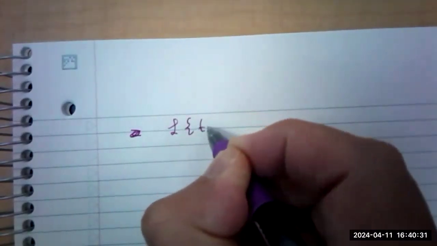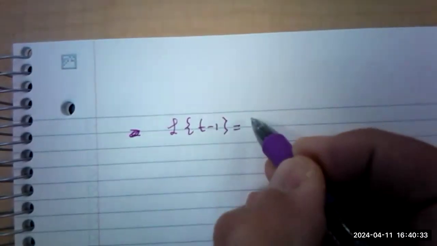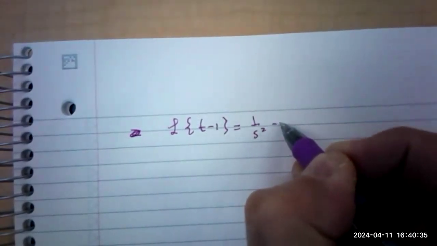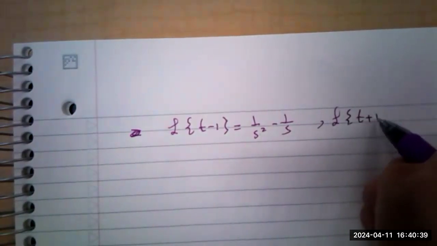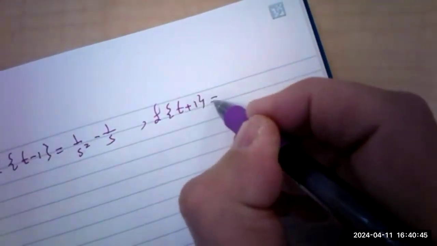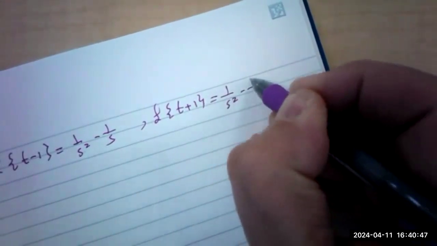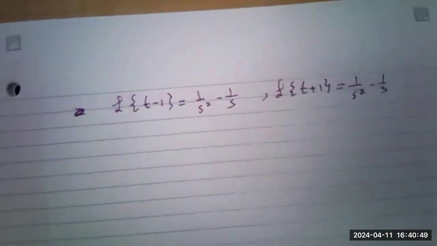So this is going to be equal to, to just show you, the Laplace of t minus 1 would be 1 over s squared minus 1 over s. And Laplace of t plus 1, again, is going to be 1 over s squared minus s. So go back to your function.